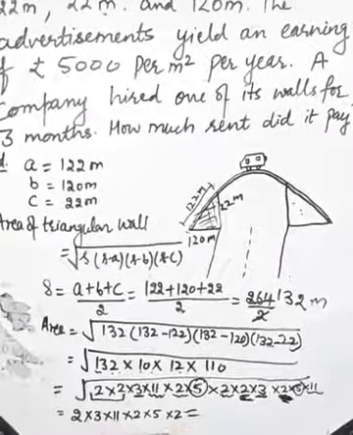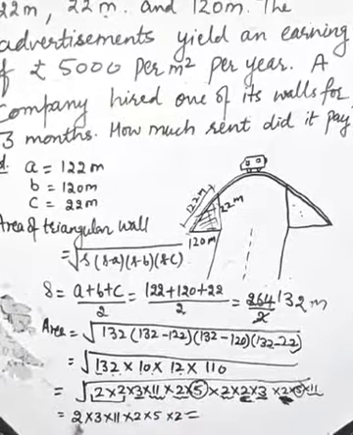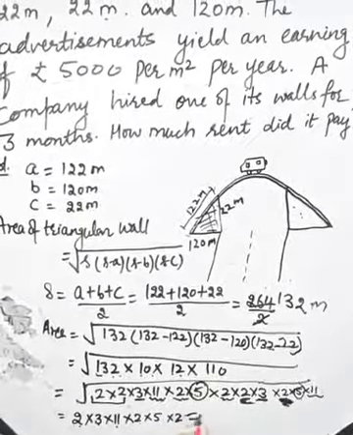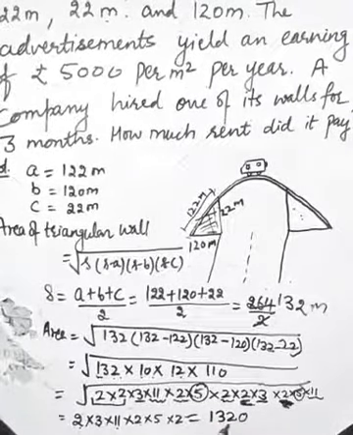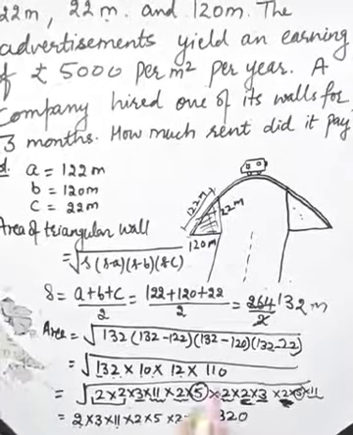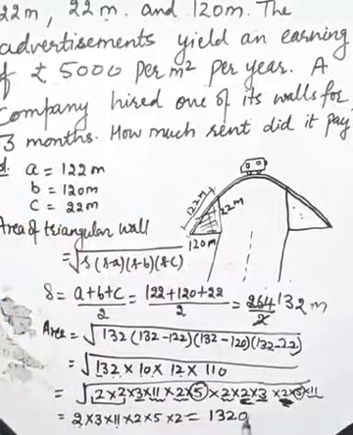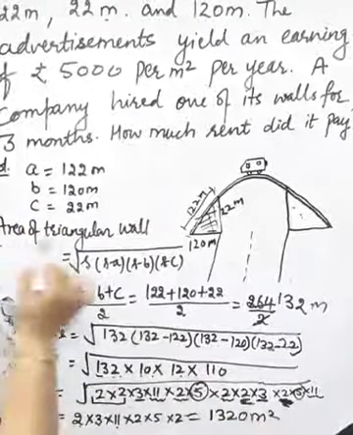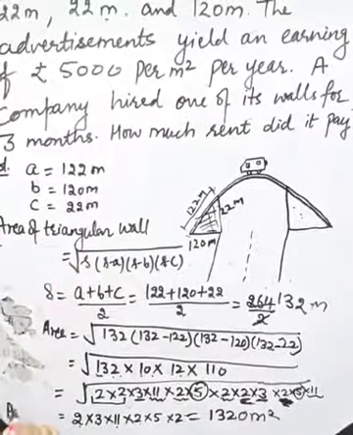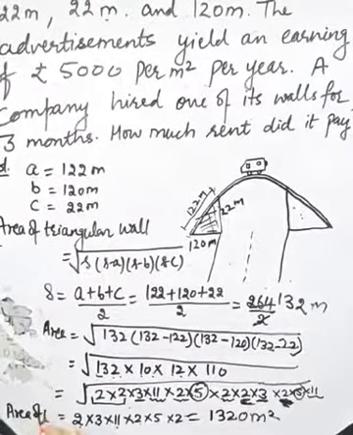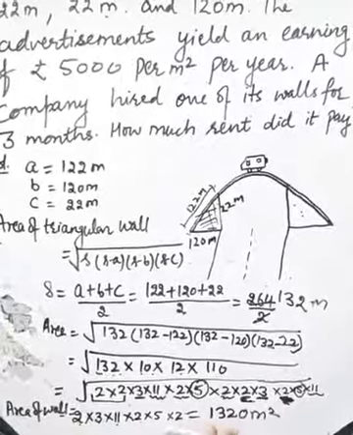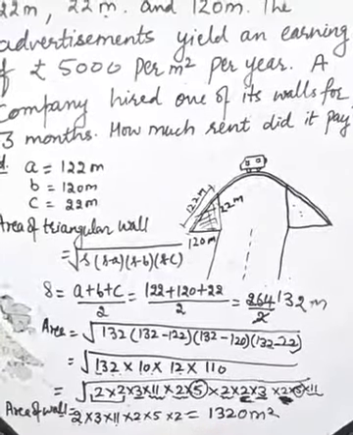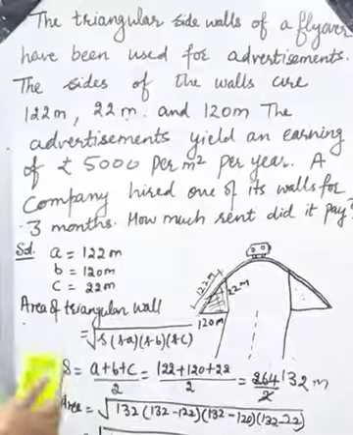Now multiply all these numbers. After multiplying, the product will equal to 1320. Unit is meter square. Therefore, area of this triangular wall equal to 1320 meters square.